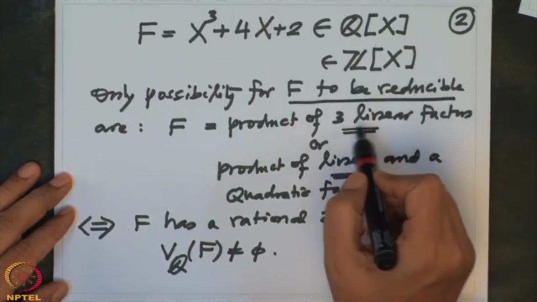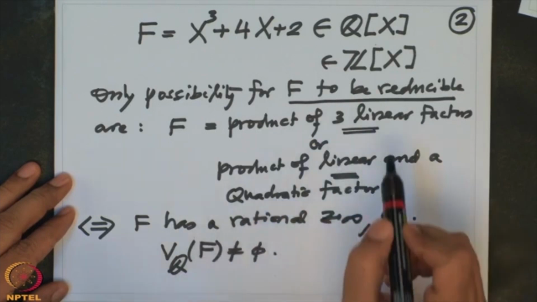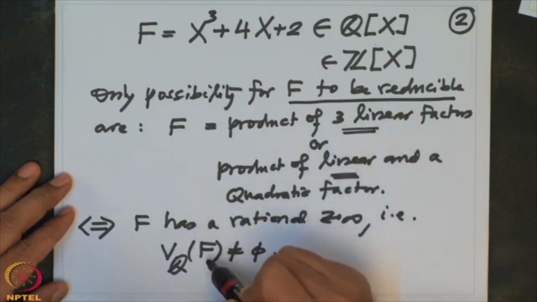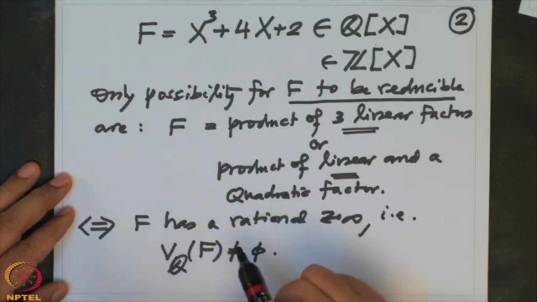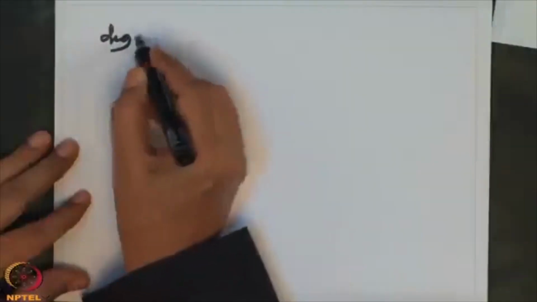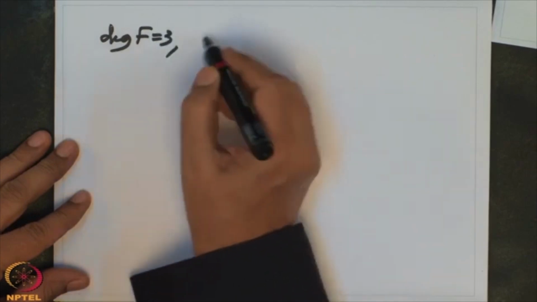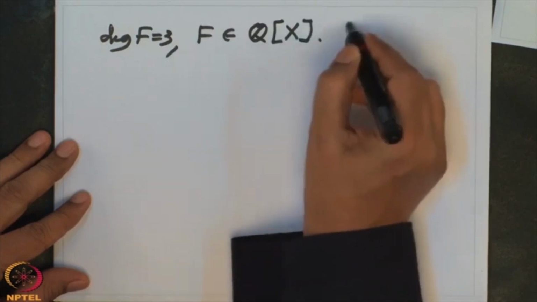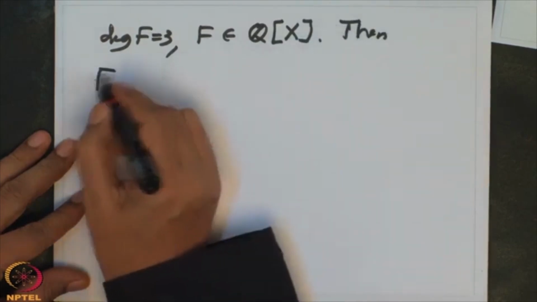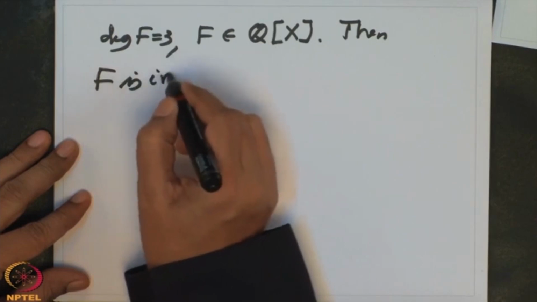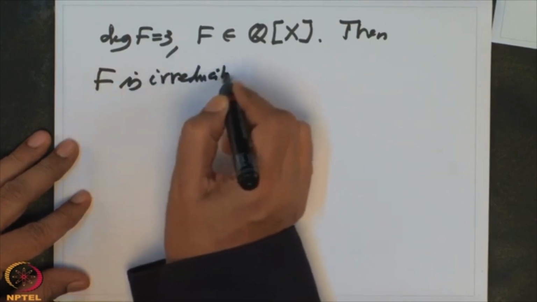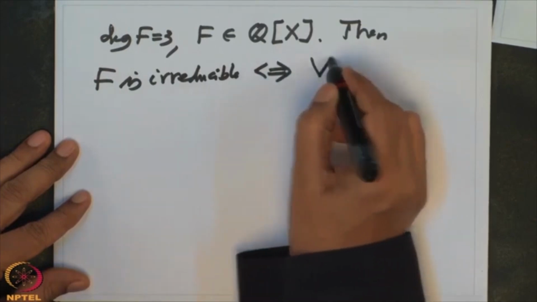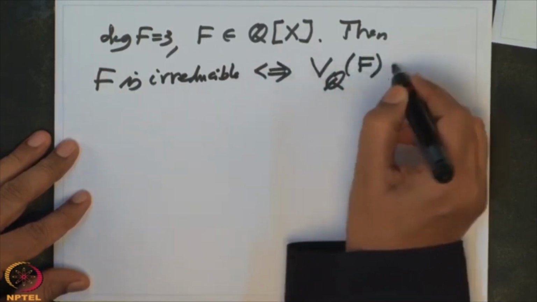So when can f be irreducible? It is the negation of that. So f is irreducible if and only if V_Q(f) is the empty set. In other words, if the degree of f is 3 and f is in Q[x], then f is irreducible if and only if V_Q(f) is the empty set.